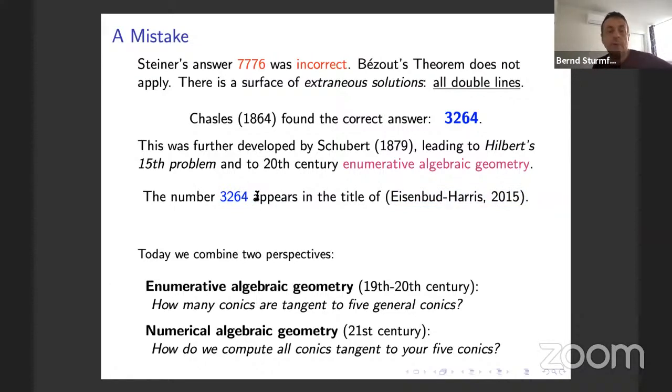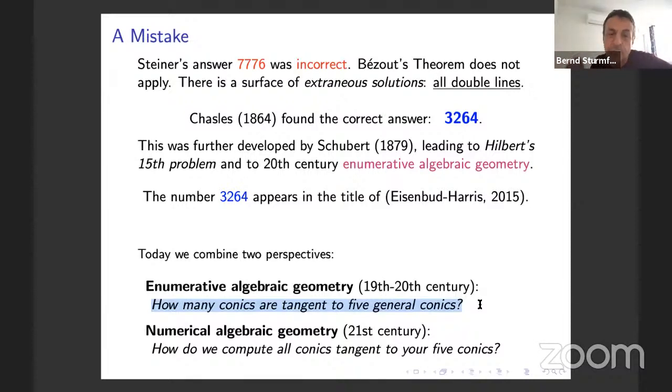So what I'd like to do in the next 20-25 minutes is combine the perspective of enumerative algebraic geometry that I set out to explain from the 19th century and then moving on to the 20th century. And from that perspective, the question is, how many conics are tangent to 5 general conics? How many complex conics are tangent to 5 given conics? And if you believe Chasles, the answer is 3,264.